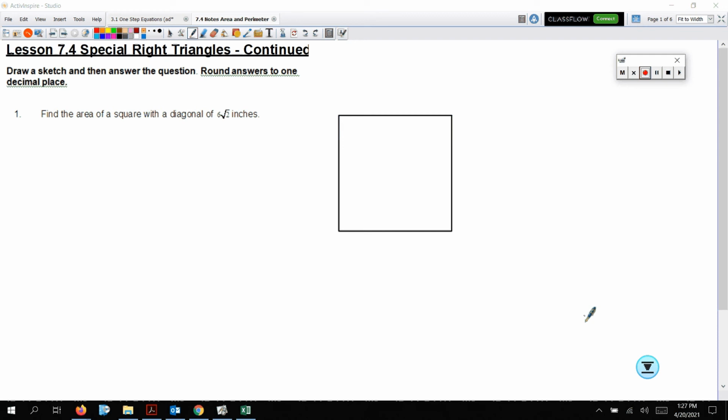Okay, when we are trying to use the facts about special right triangles to determine area and perimeter of certain figures, I will tell you that when you split a square, if I make a diagonal in this square here, this makes 2 special triangles.